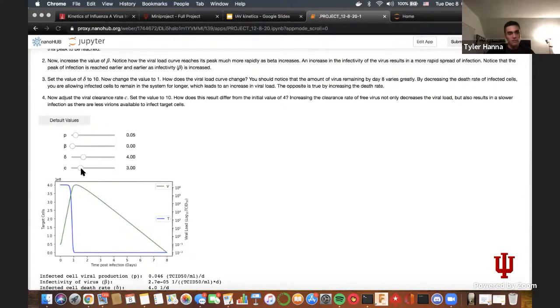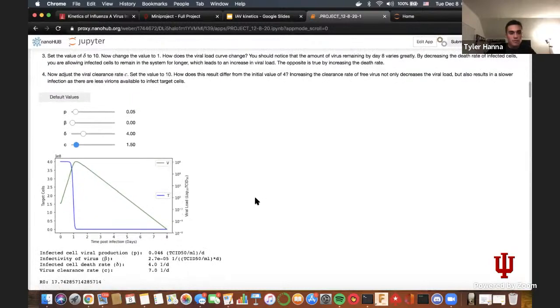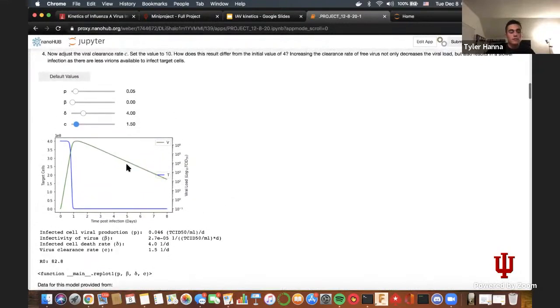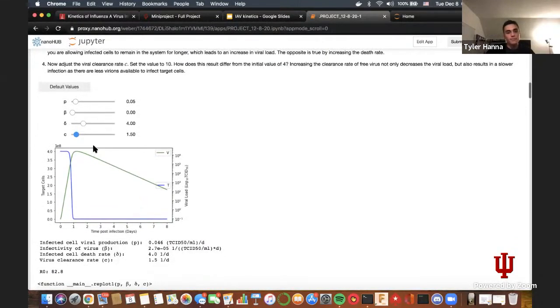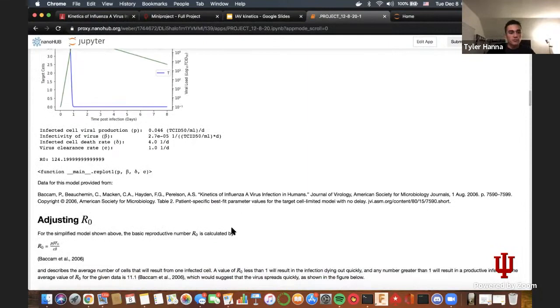Now, if we change the viral clearance rate, if we increase the rate at which free virus is cleared, we see that the maximum value on the axis here is dropping as C increases, and the opposite when we decrease C. And when C is negative, according to the calculation of R naught, it'll give an indefinite value. But that's the behavior of the viral clearance rate in relation to the infection.